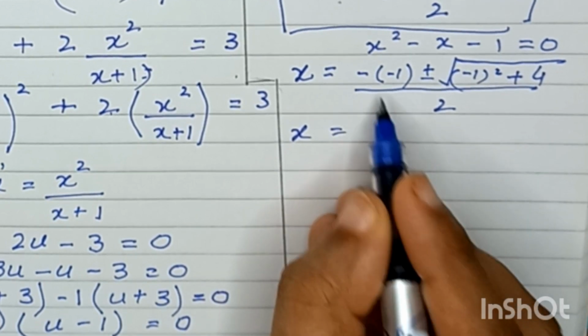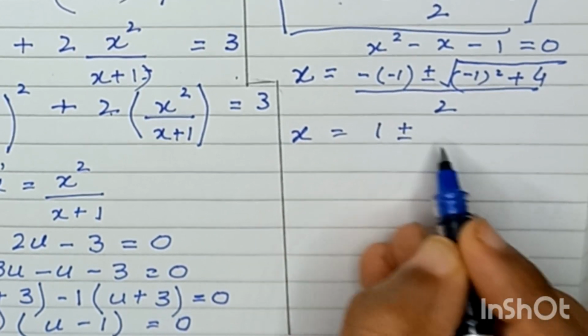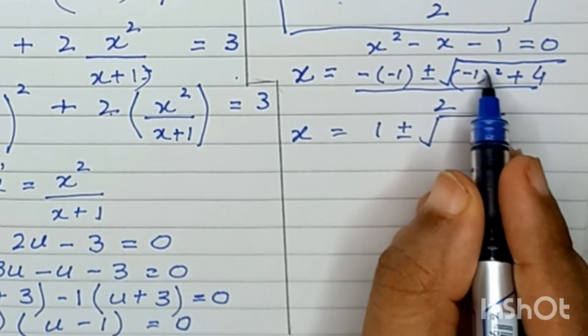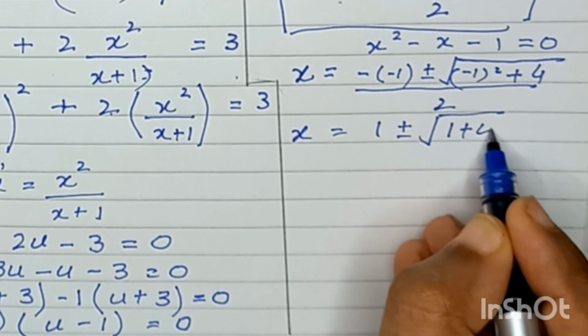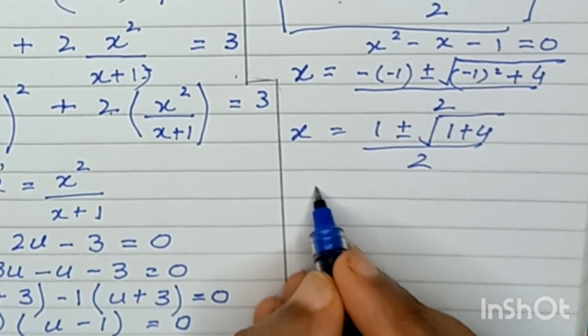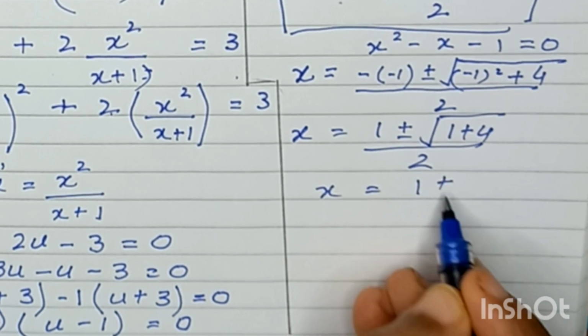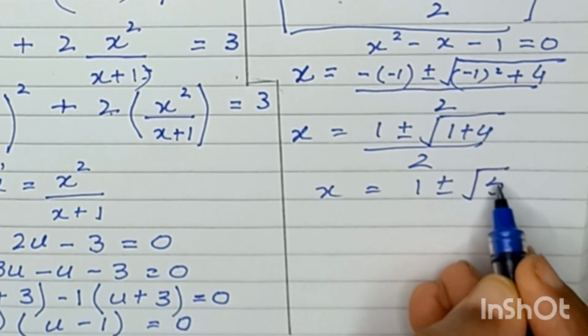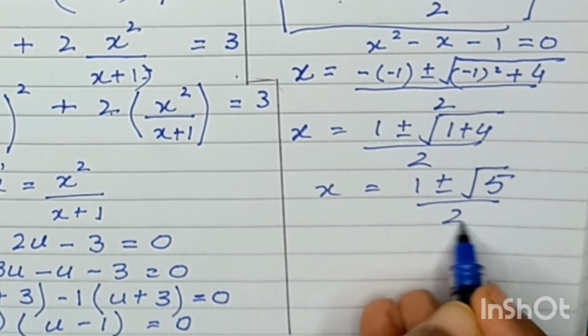So x is equal to 1 plus minus square root of 1 plus 4 divided by 2. So x is equal to 1 plus minus square root of 5 divided by 2.